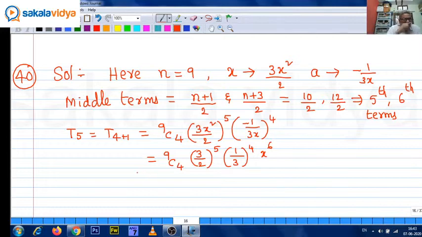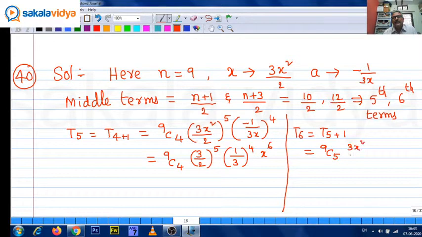Okay. Next, let us find T6. T6 equals T5+1. That's equal to 9C5 (3x²/2)^4 into (−1/(3x))^5.